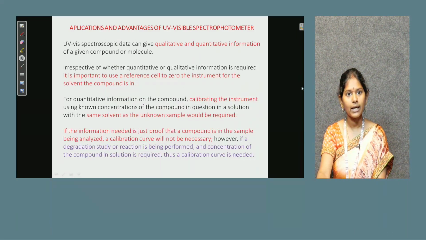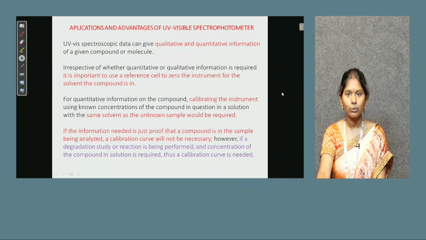So let's go to the advantages as well as the applications of the UV visible spectrophotometer. The foremost application is to determine the qualitative and quantitative information of a given compound or molecule. Irrespective of whether quantitative or qualitative information is required, it is important to use a reference cell to zero the instrument for the solvent.